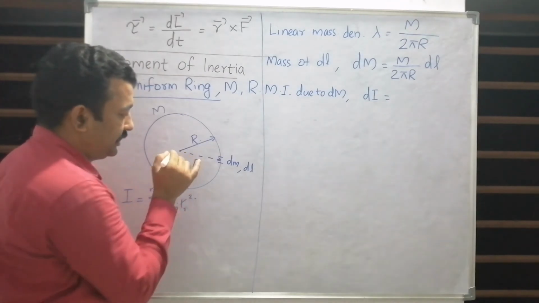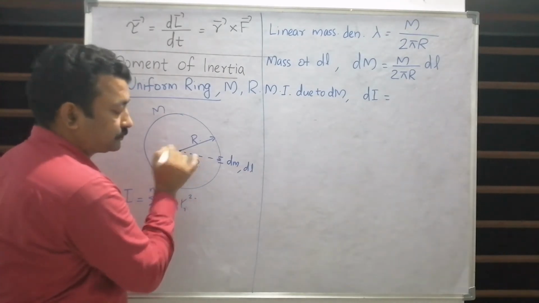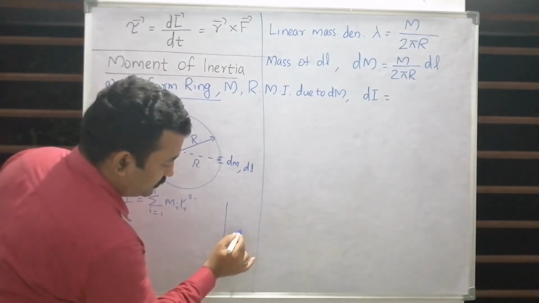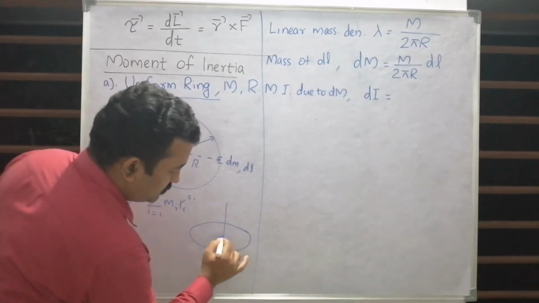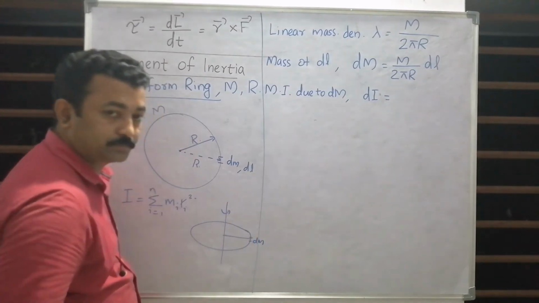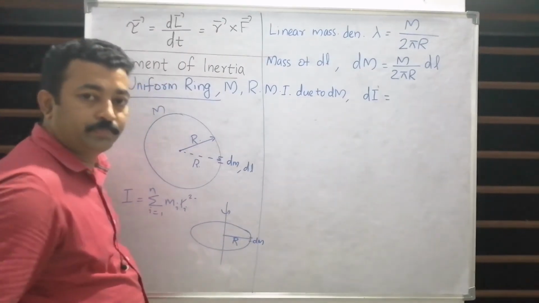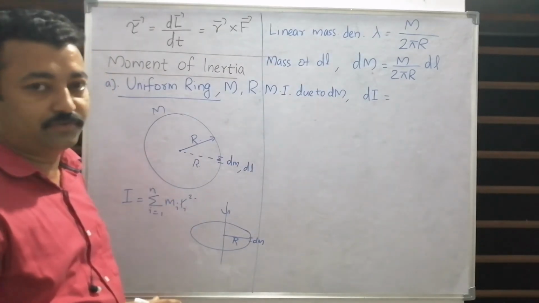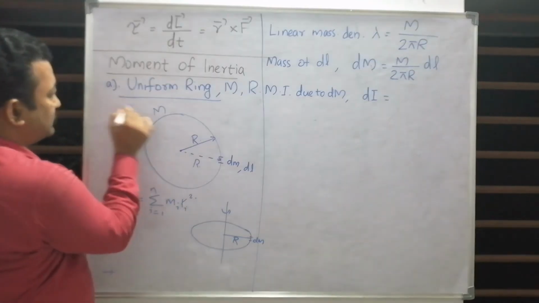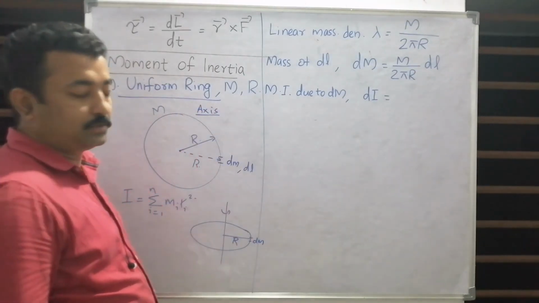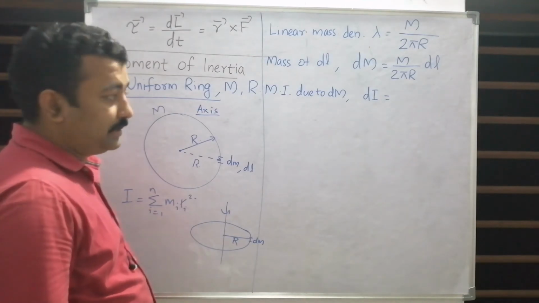We are considering rotation about this axis. This is dm, this is the rotation, this is r. So I am taking the axis through the center, perpendicular to the plane and through the center.